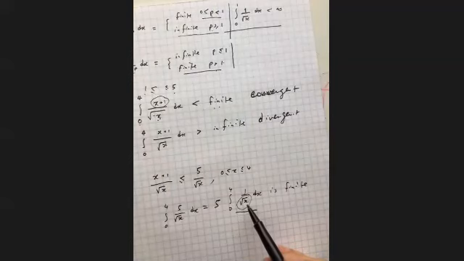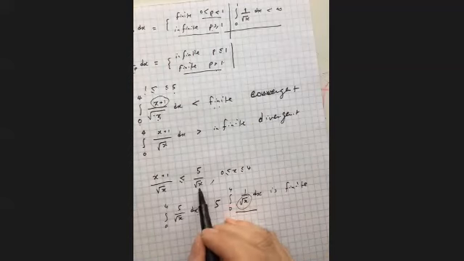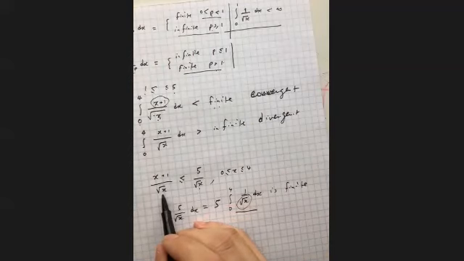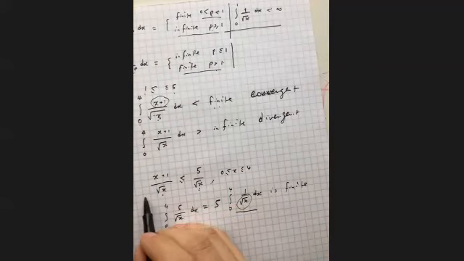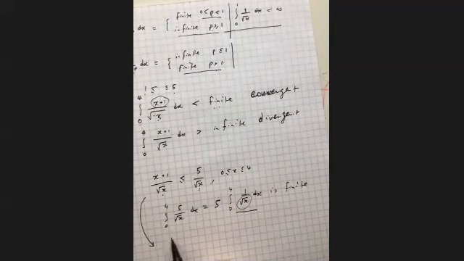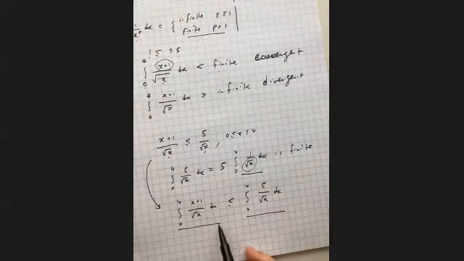And because this is finite and the original integrand is always smaller than this, this will imply that the integral from 0 to 4 of x plus 1 over root x dx is smaller than or equal to the integral from 0 to 4 of 5 over root x dx. So that tells you that because this is finite by the p-test, this one is finite. Okay. This is something called the comparison principle.